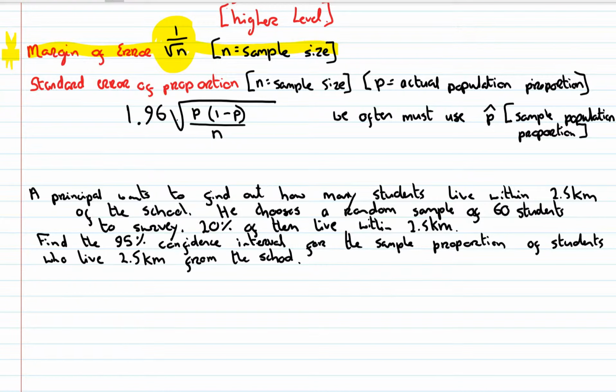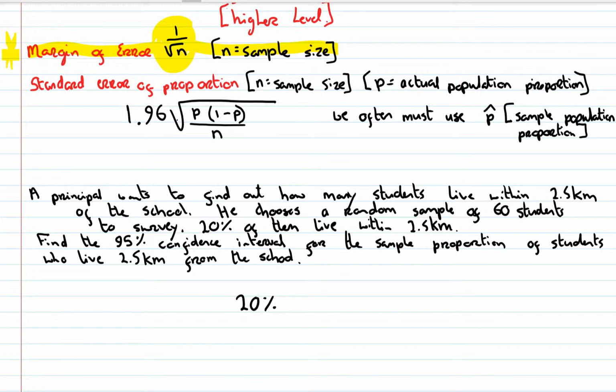Right, so if we look at this question, it says a principal wants to find out how many students live within 2.5 kilometers of the school. He chooses a random sample of 60 students to survey. 20% of them live within 2.5 kilometers.